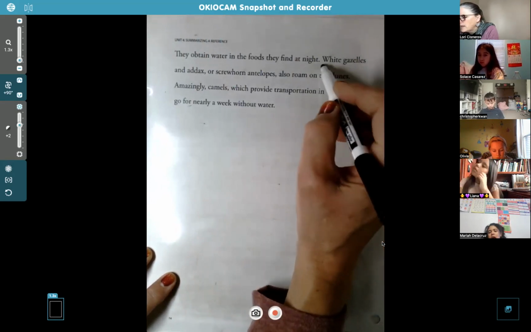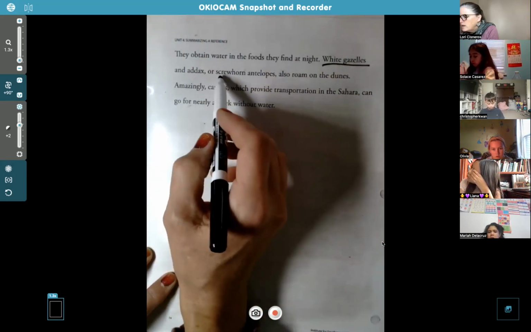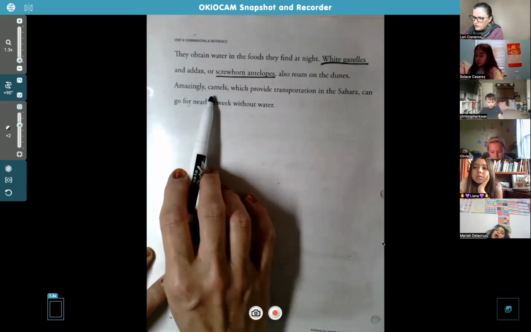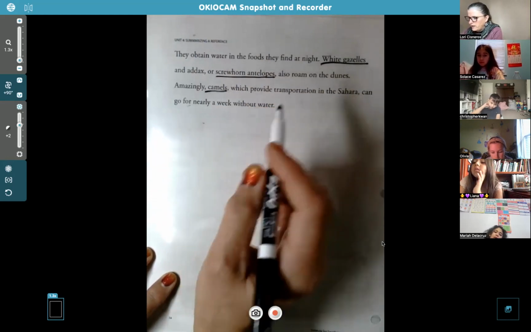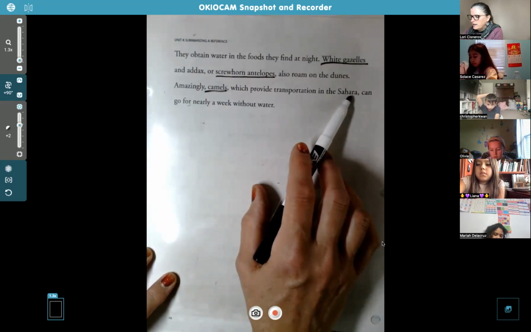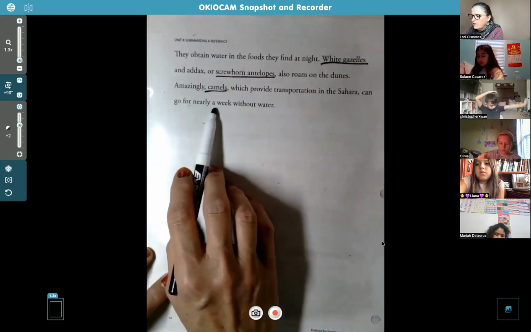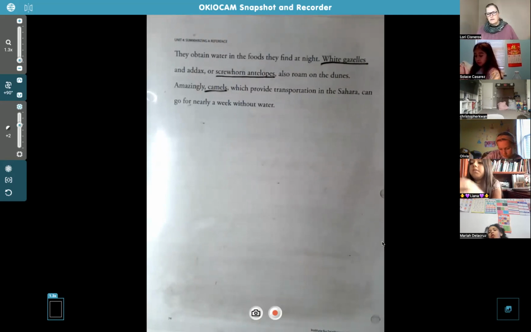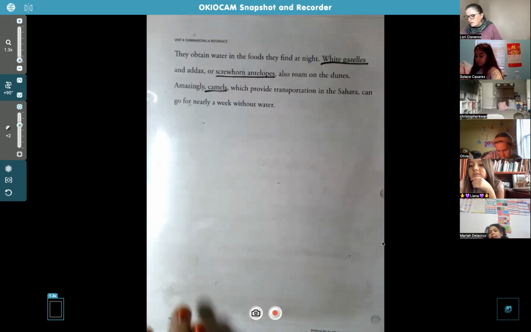I'm going to underline white gazelles and screwhorn antelopes. Amazingly, camels, of course, we need to underline that, which provide transportation in the Sahara, can go for nearly a week without water. Crazy. That's a long time without water.